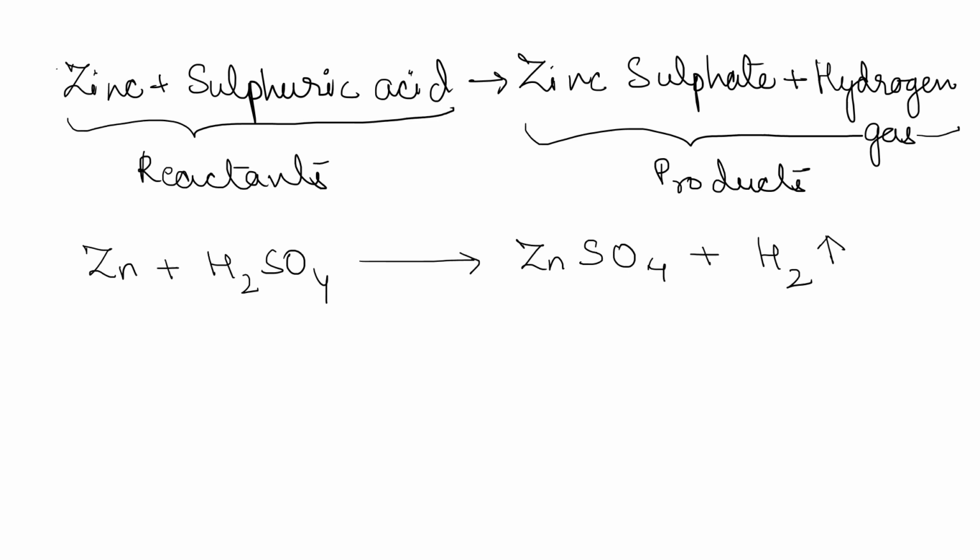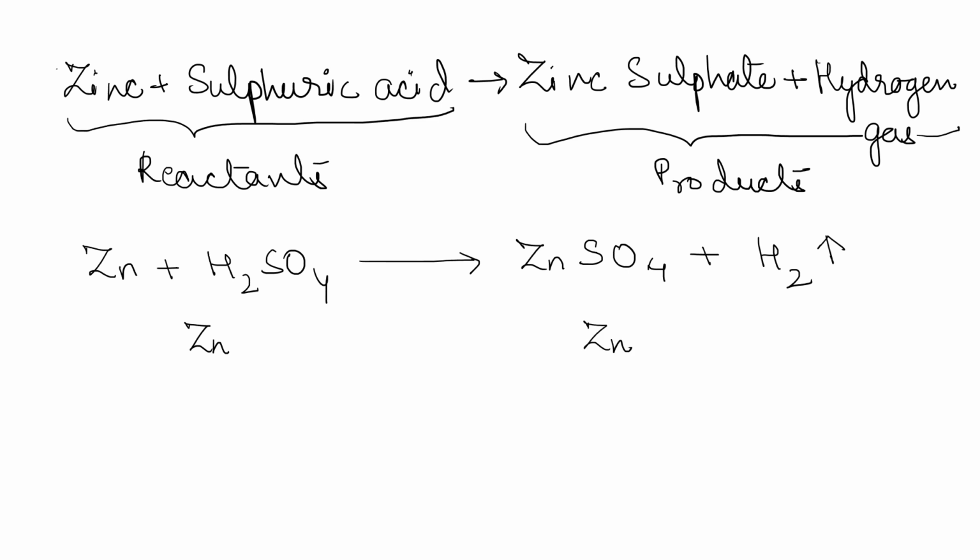Let's start balancing this. For balancing this equation, what we need to do is write the metal, non-metal, oxygen and hydrogen in proper order. So we start with zinc first, below reactant as well as below the products.